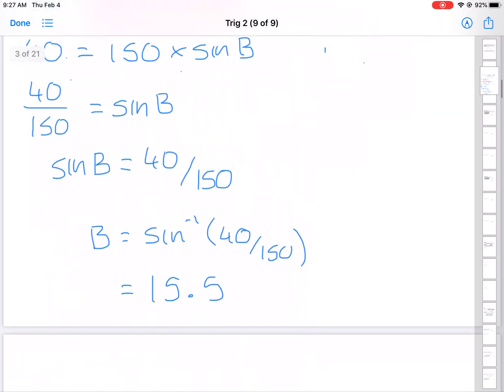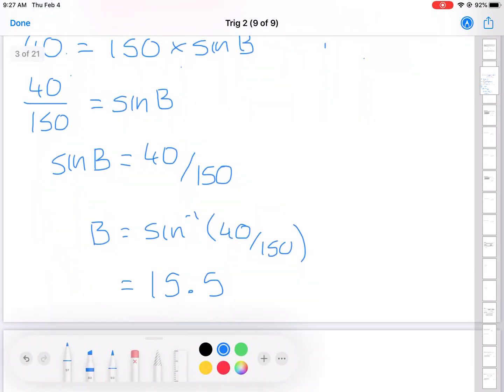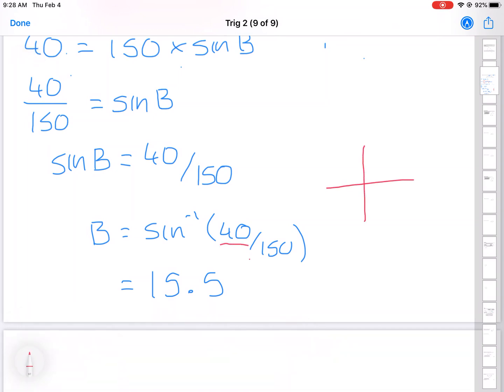If we remember back to doing trig equations, once we had worked out what we had to put inside the brackets here, we would use our CAST diagram. So all, sine, tan, cos. We had x in here, 180 minus, 180 plus, and 360 minus.